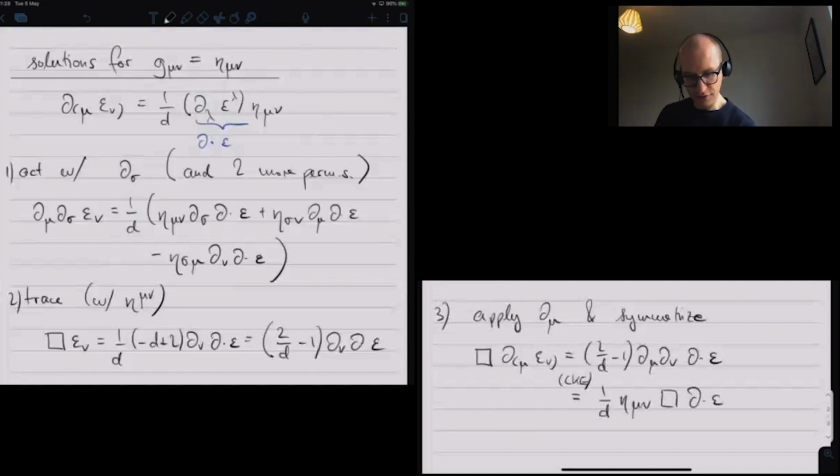And so our final answer, the final equation that we analyze, is (d−1) times the box acting on ∂·ε is equal to 0.